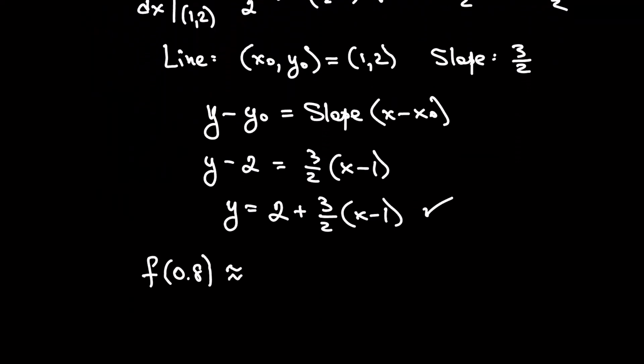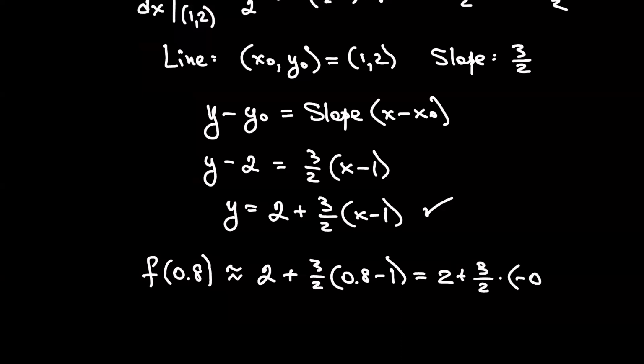This is approximately equal to 2 plus 3 over 2 times 0.8 minus 1, which is equal to 2 plus 3 over 2 times negative 0.2, which is equal to 1.7. So the approximation of f at 0.8 is equal to 1.7. Let's move on to part C.